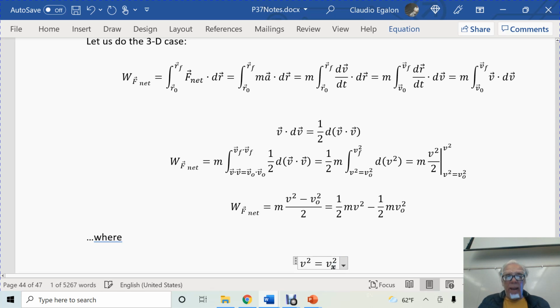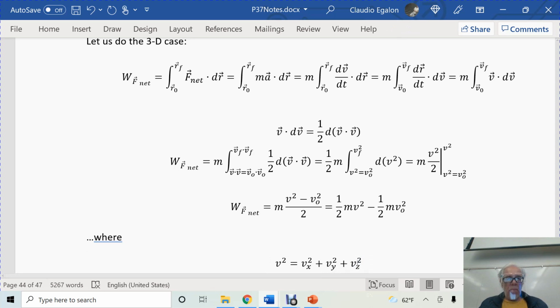Vx squared plus Vy squared plus Vz squared. And the same thing for v naught. It's a three-dimensional velocity. Same format, just like before, we call that the kinetic energy.